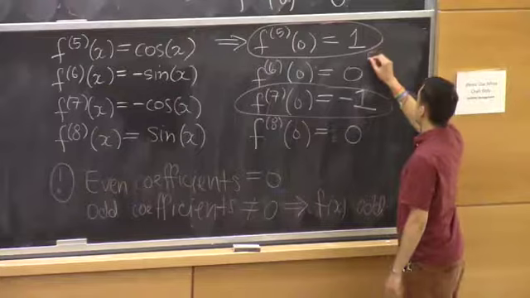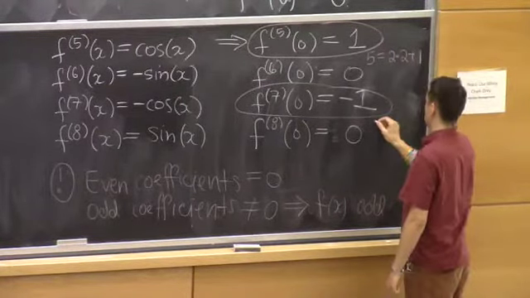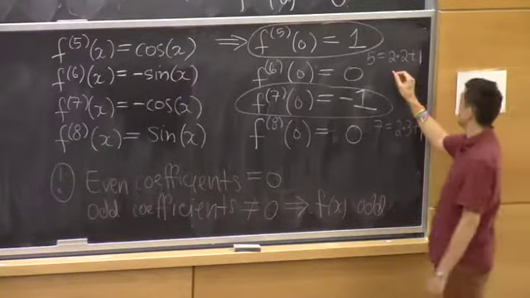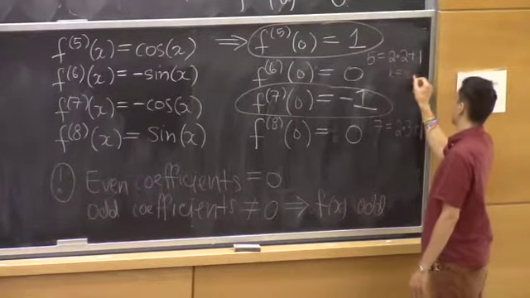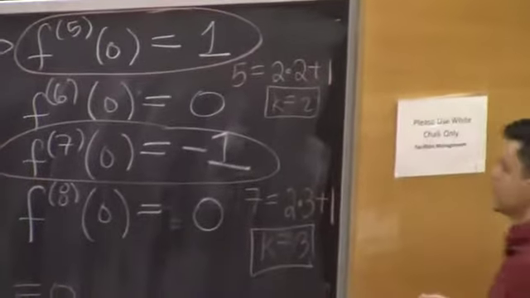So we have 5 is 2 times 2 plus 1. 7 is 2 times 3 plus 1. Right, so here we've got k is 2. Here we've got k is 3.